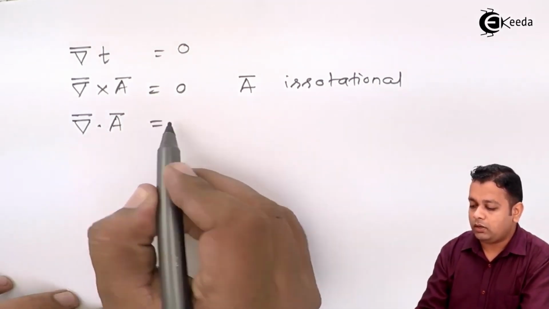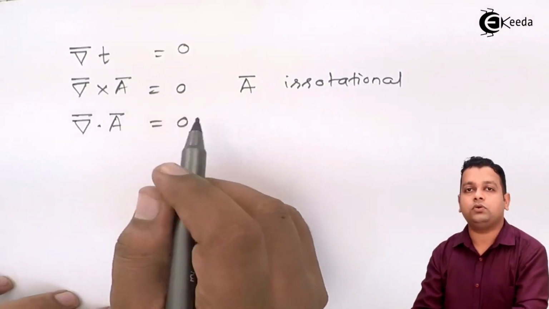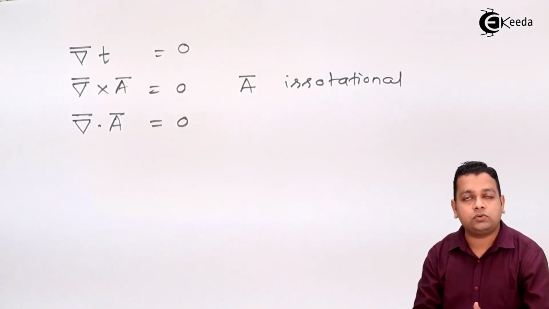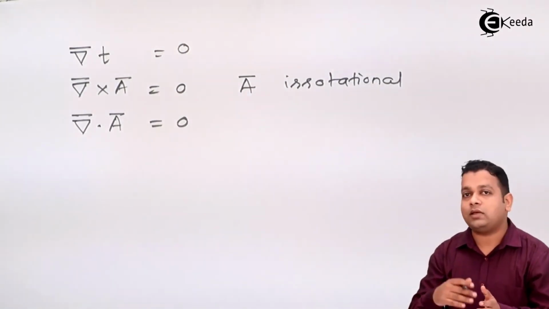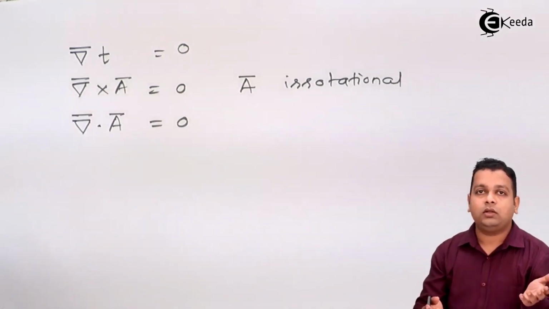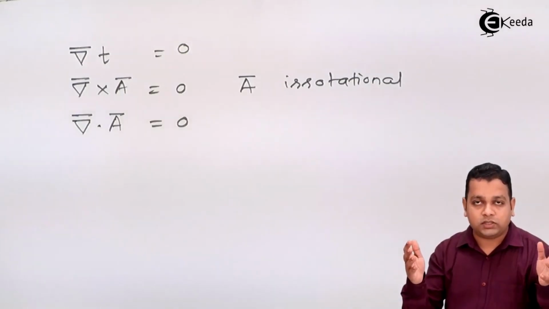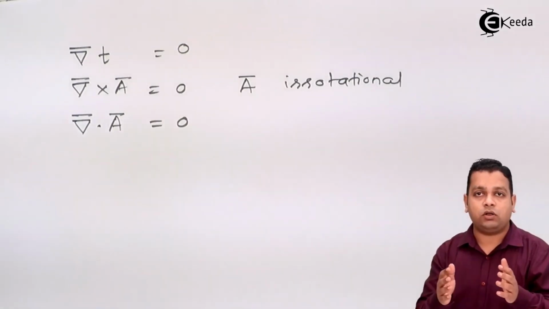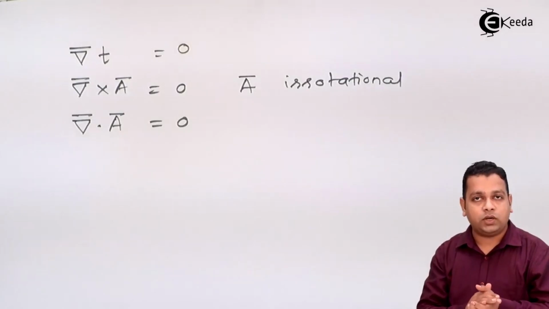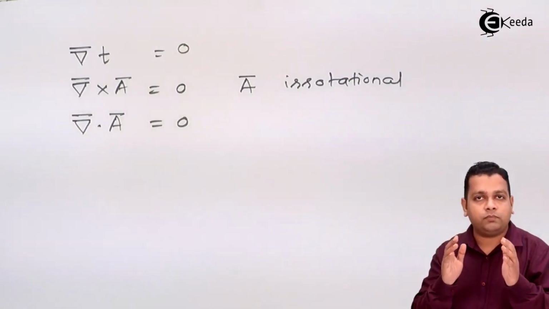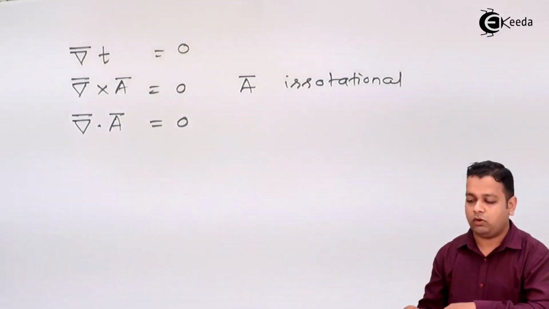Now del bar dot of A bar, if it is equal to 0, it means divergence is equal to 0. So divergence is neither positive nor negative. So there won't be any increase in the volume, that is expansion, or decrease in the volume, that is contraction. So it means volume is fixed. There is no change in the volume.